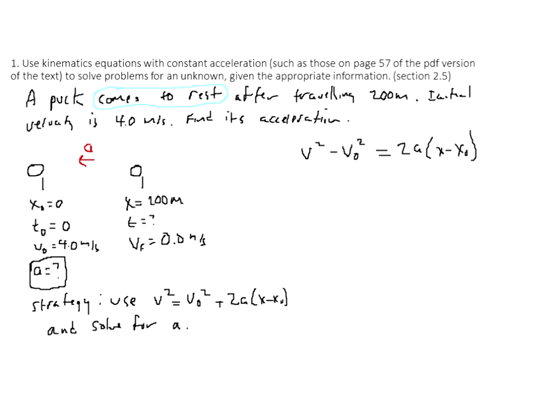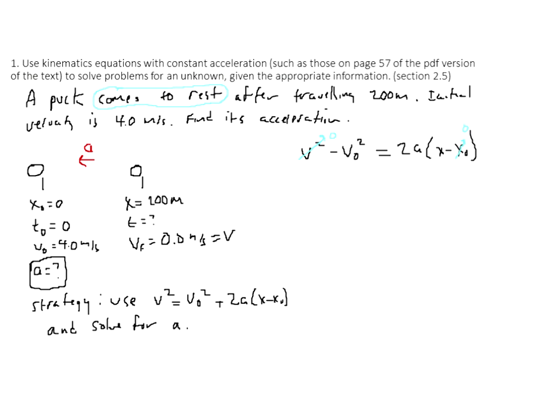So v final, which the book defines as v, equals 0, and x initial equals 0.